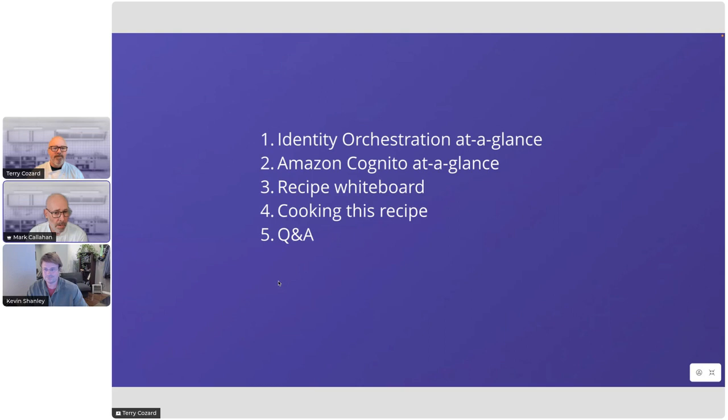So as we get into this, let's set the stage a little bit. Terry, Kevin, as we're thinking about why Cognito and why somebody's going to be moving to a cloud IDP, we think about Keycloak as this open source solution for customer identity and access management.